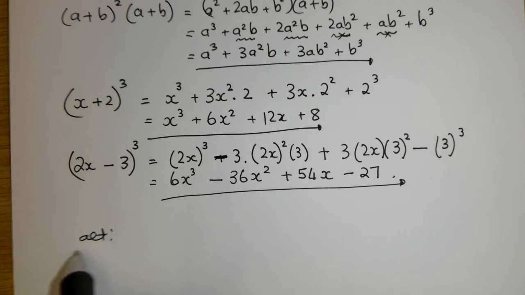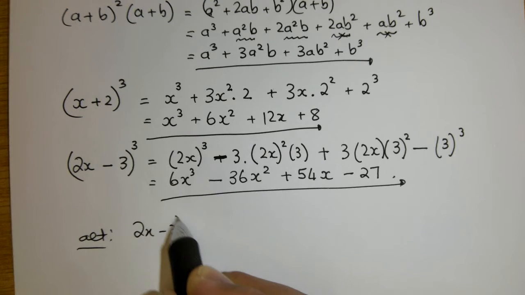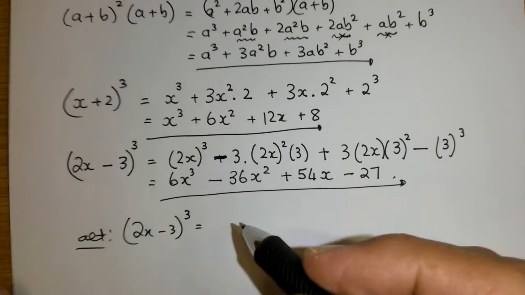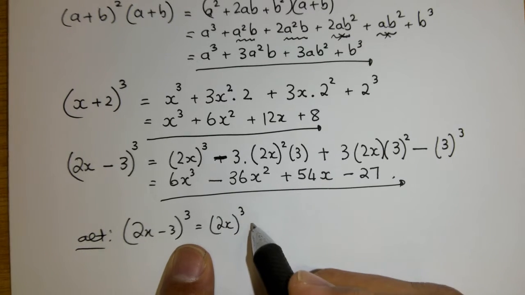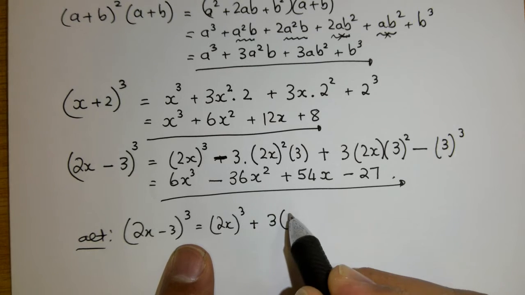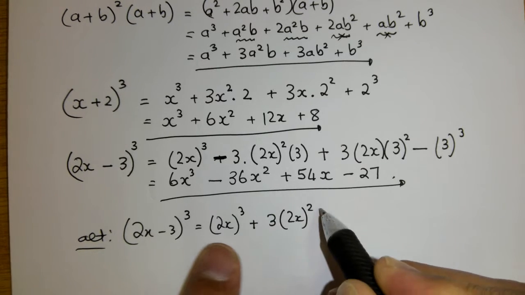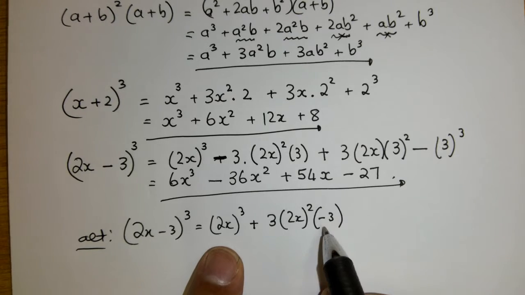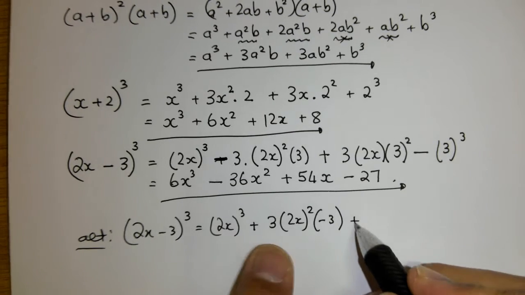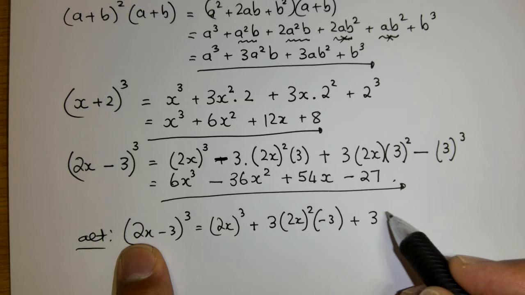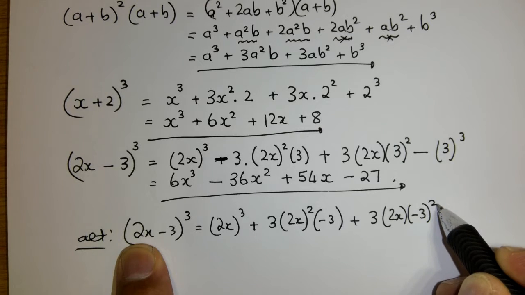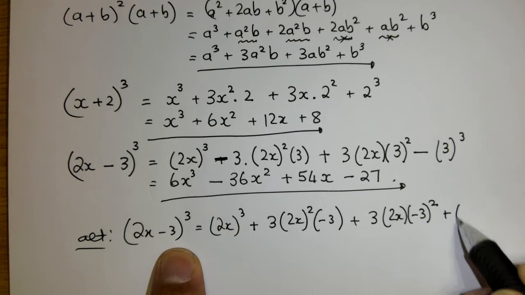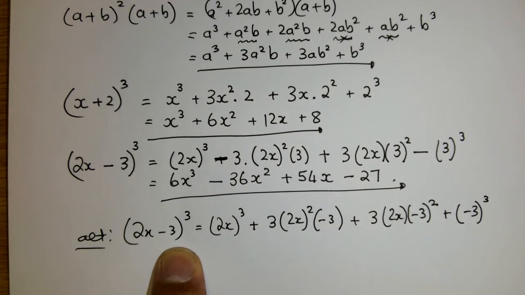So 2x minus 3 all cubed I could have seen as 2x cubed plus 3 times the first term, which is 2x squared, times the second term, you see I bring my minus in there, plus 3 times the first term, which is 2x, times the second term squared, plus the last term cubed.